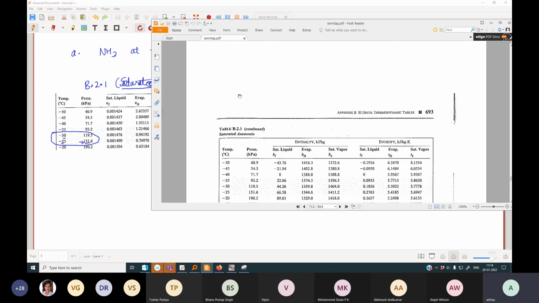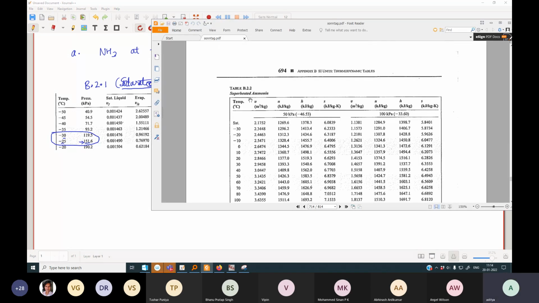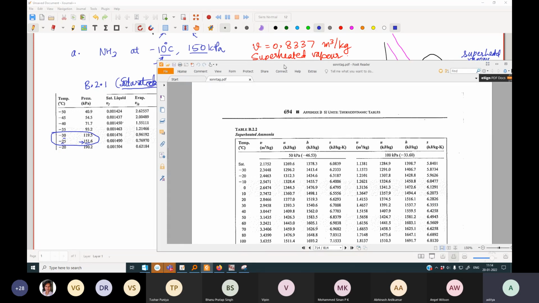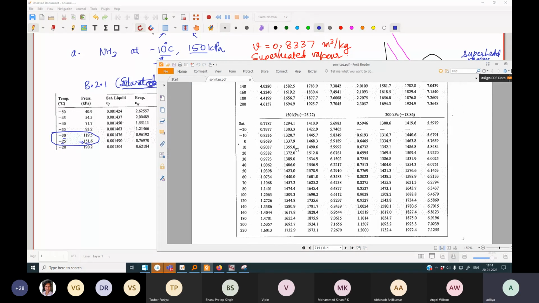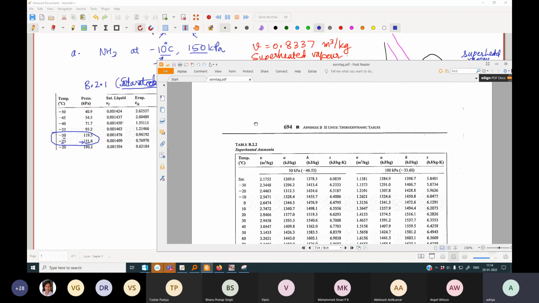Fine, let's do that. There we have the superheated ammonia tables, and the pressure under consideration is 150 kilopascal. At 150 kilopascal, we directly have the entries, which is very fortunate.